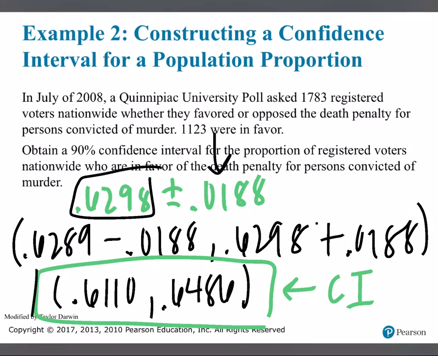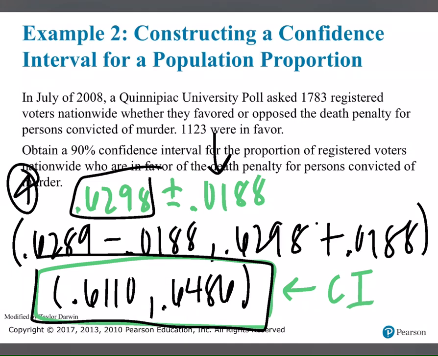I could expect it to be somewhere between this interval. It's also the same as 61.1% to 64.86% of the people. I can expect 90% of the time for them to be in favor of the death penalty within this proportion. So that's pretty cool. So that was step 4, to actually find the confidence interval.